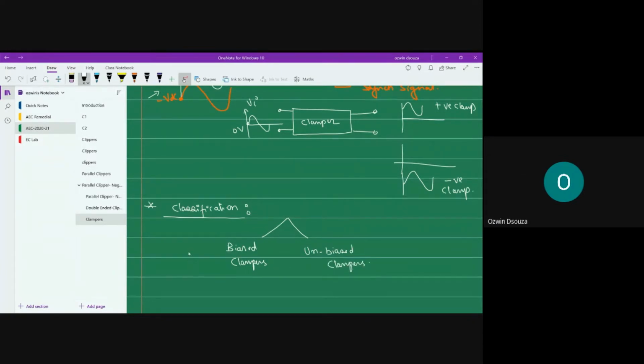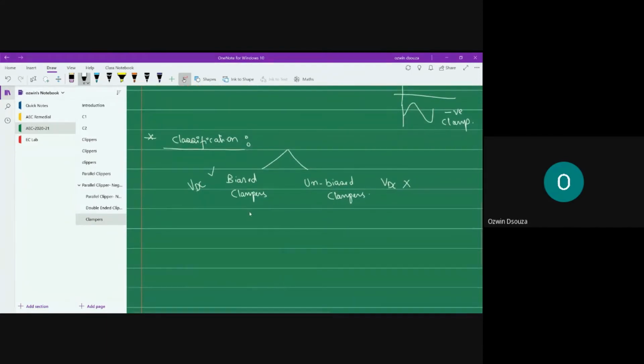In biased clampers, VDC exists. In unbiased clampers, VDC doesn't exist. In both, you can have a positive clamper or a negative clamper.